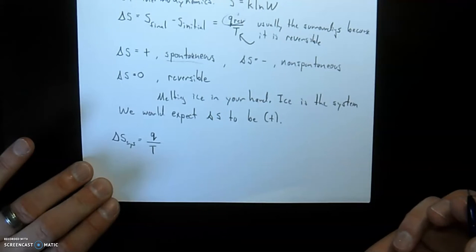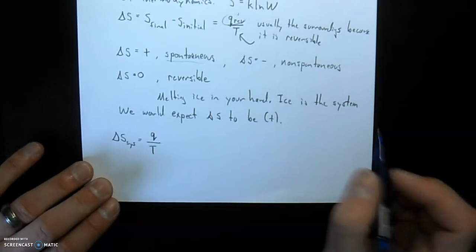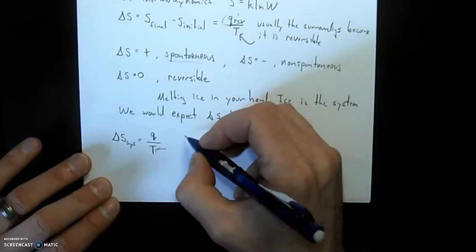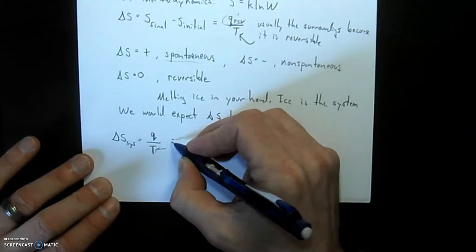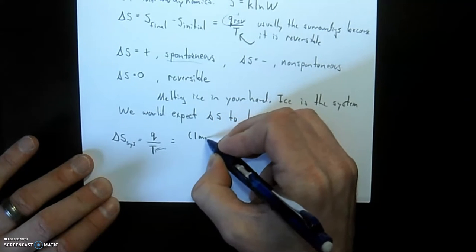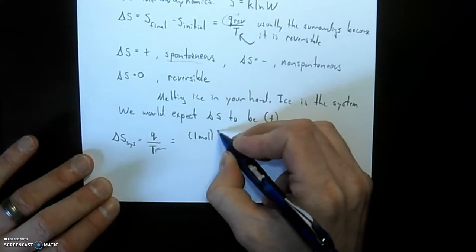So we're looking at the energy change at some particular temperature for the ice, and then we'll deal with the surroundings, which is U. Okay, so we'll look at some numbers here. We will say there's 1 mole of ice.